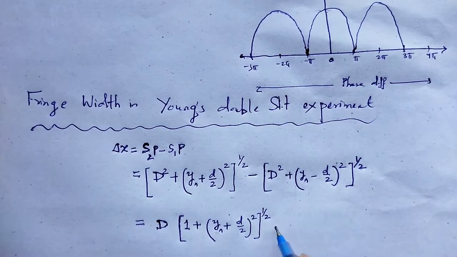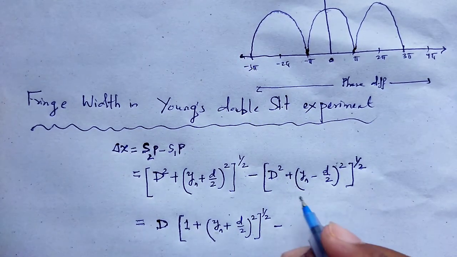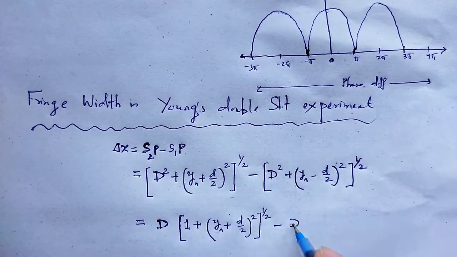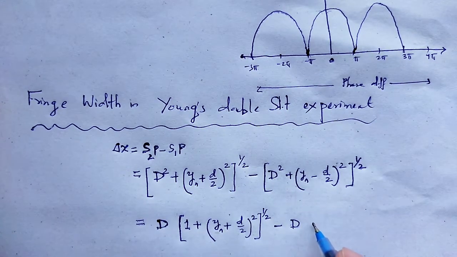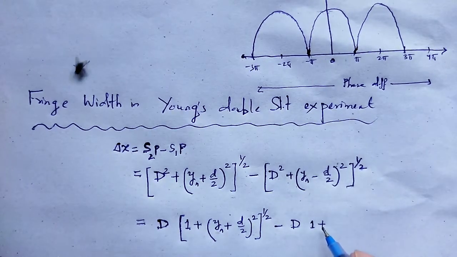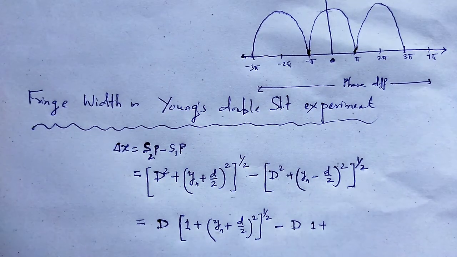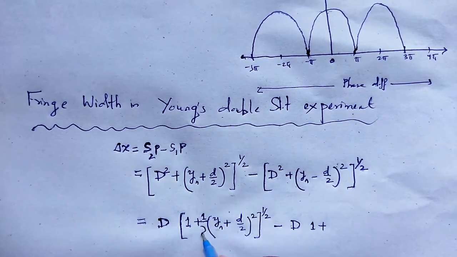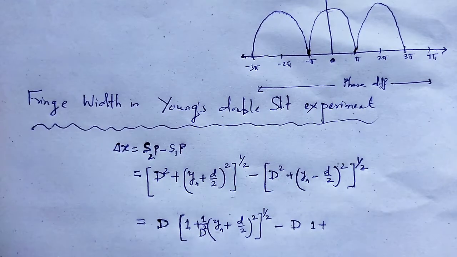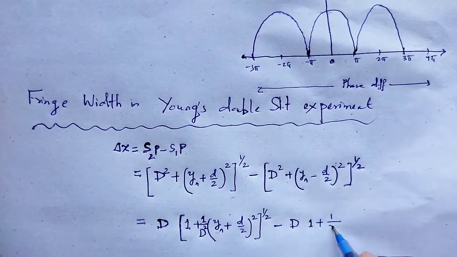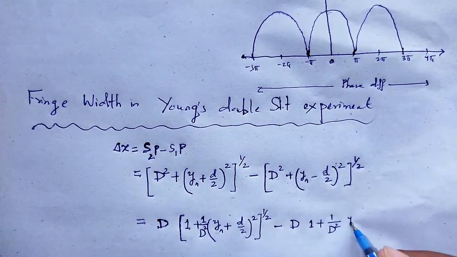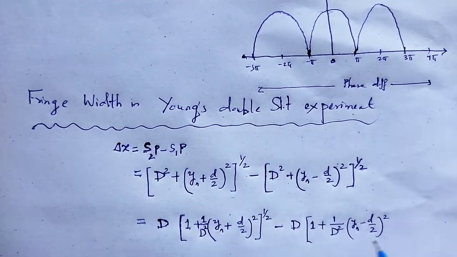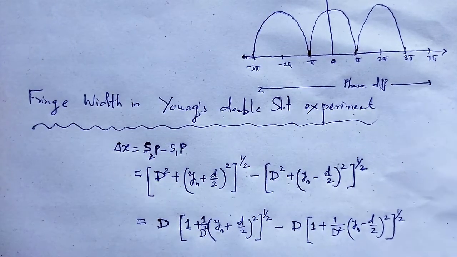Same thing here, minus d square as common under root, so d outside, inside the bracket 1 plus 1 by d square, yn minus d by 2 whole square, under root.